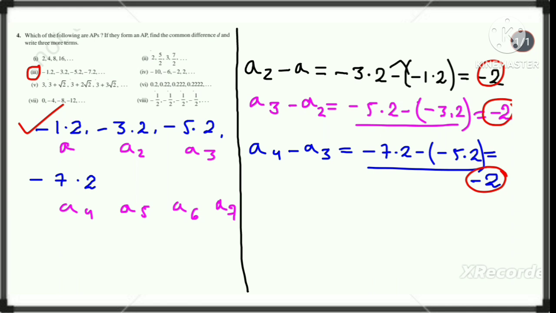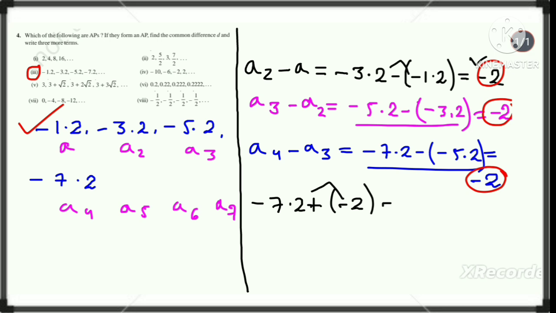So firstly let's add the common difference to the fourth term so that we can obtain its fifth term, right? So here the fourth term is minus 7.2 plus the common difference minus 2, and plus into minus will be minus, so minus 2 and minus 7.2.